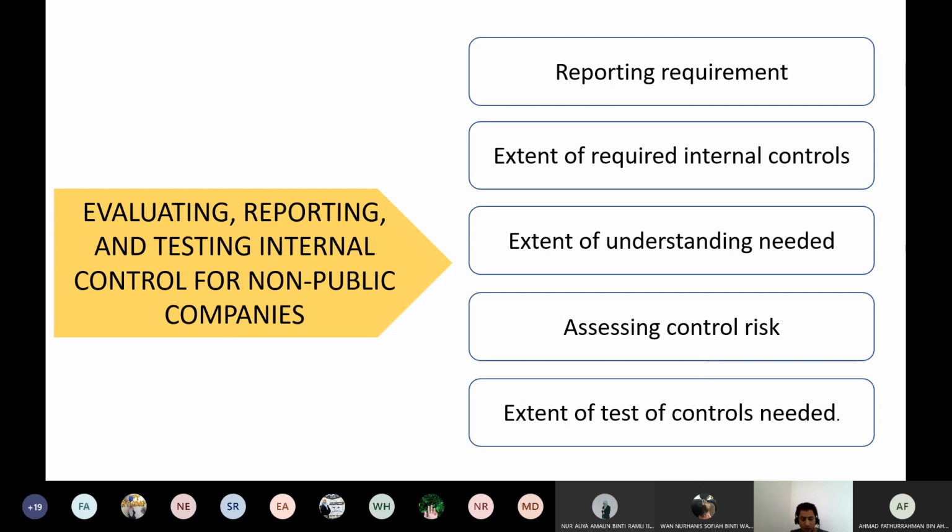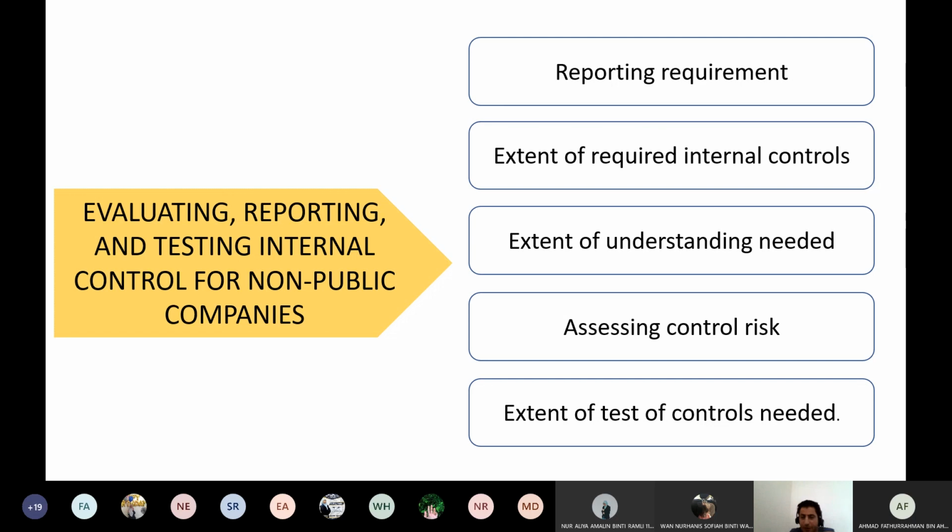By logic, if you are trying to have segregation of duties, it means you need to hire more staff. But in a small private company, like a burger stall or a grocery shop, they have only a cashier.